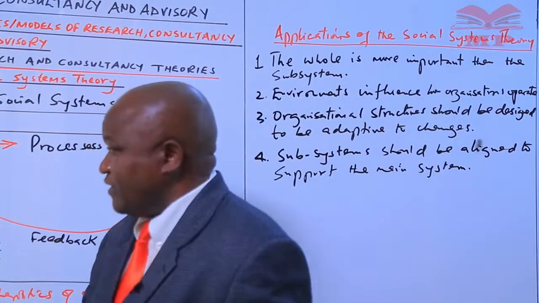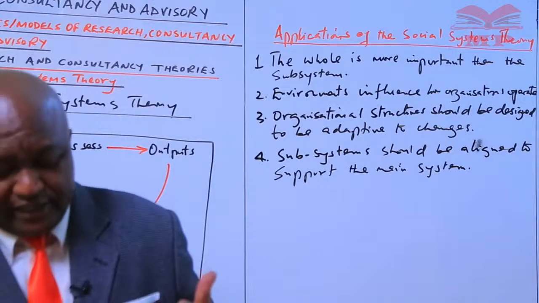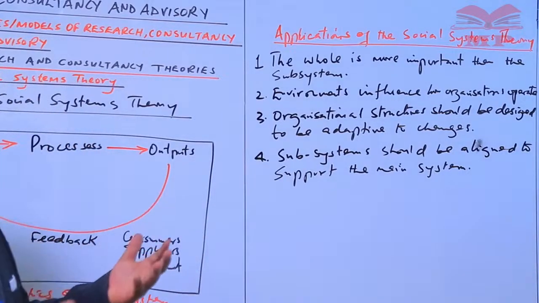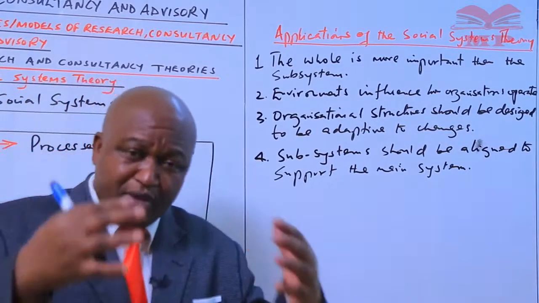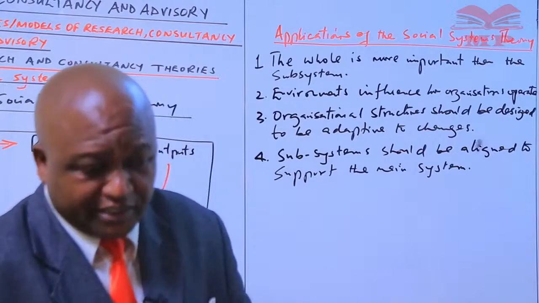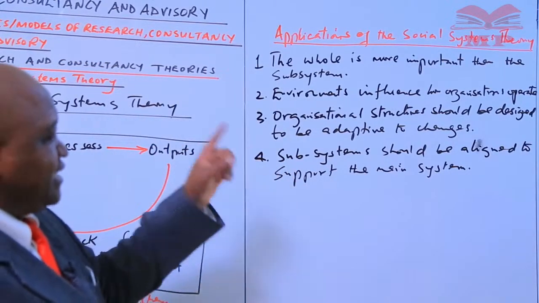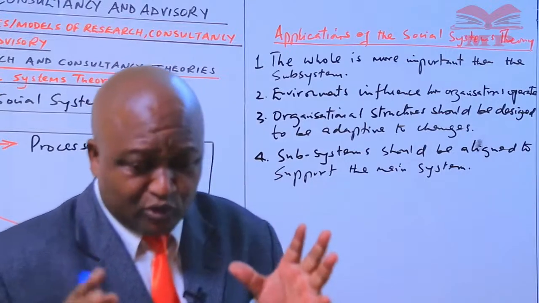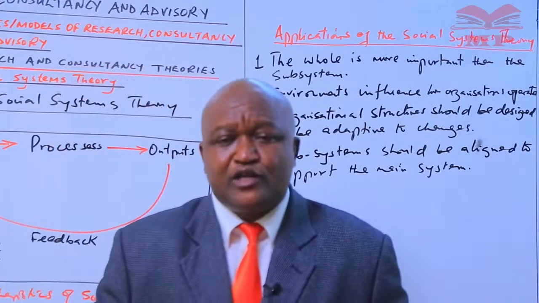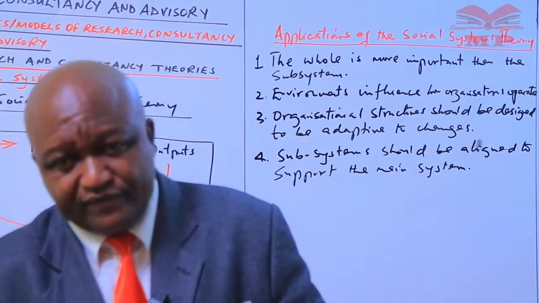If you have a country, we have given an example that an organization or a country could be the main system or the main organization. So the way subsystems are designed, they should be aligned to support the main system so that the main system can function effectively.